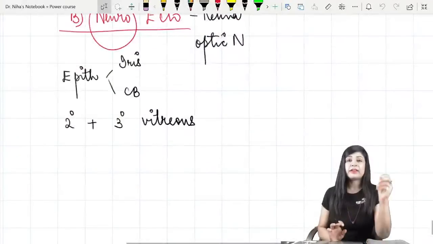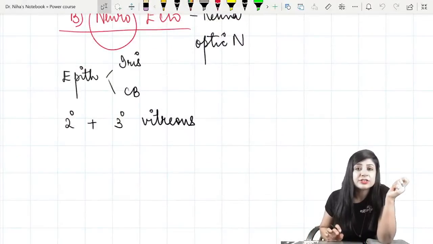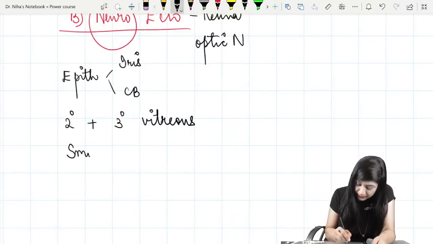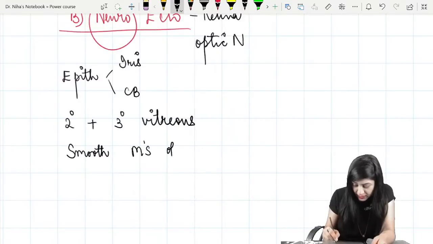We have already read about secondary and tertiary vitreous, and now the most important thing here will be the smooth muscles of the iris.